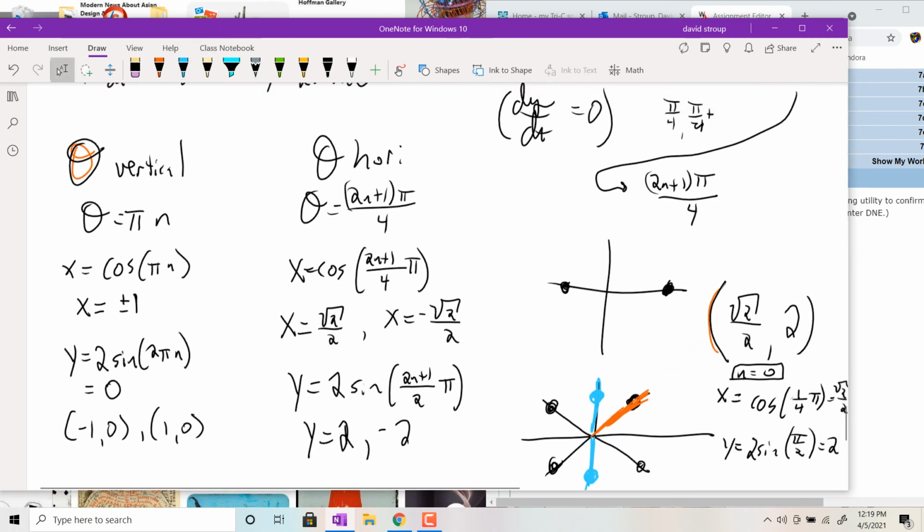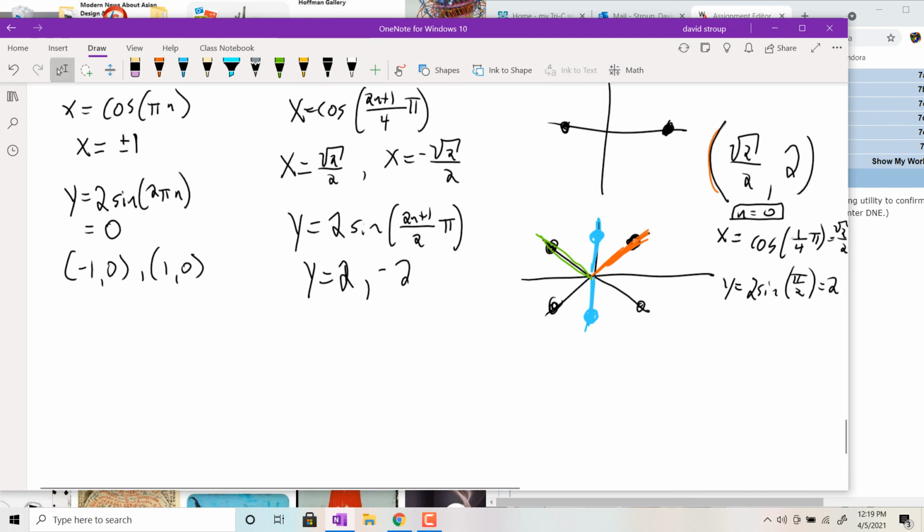And then the second angle, I'll put in green here, you try n equals 1. So n equals 1 is going to give me x equals cosine of 3 pi over 4, which of course is the negative root 2 over 2, because cosine is negative in the second and third quadrant.